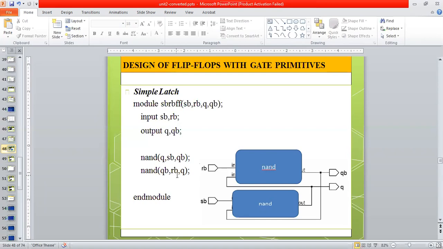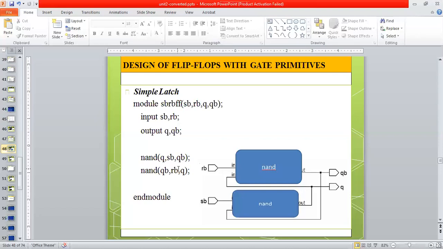Okay, friends, this is one of the important concepts in our Verilog HDL. We have four different types of modeling, and in the second unit we talk about gate level modeling. That's why I am explaining gate level modeling examples.